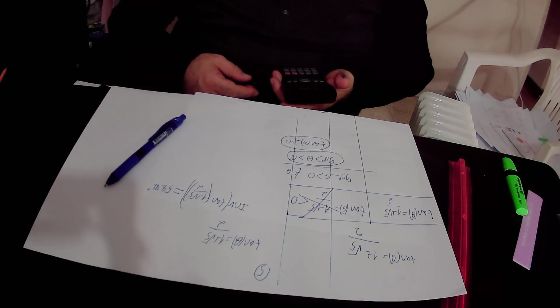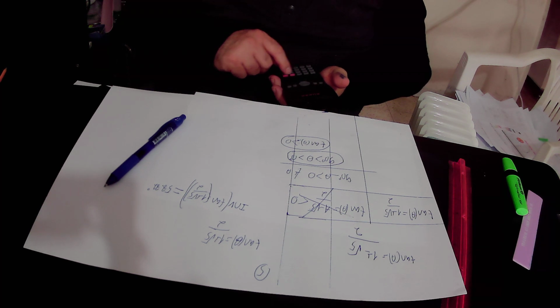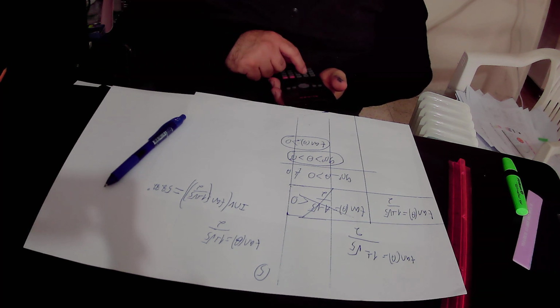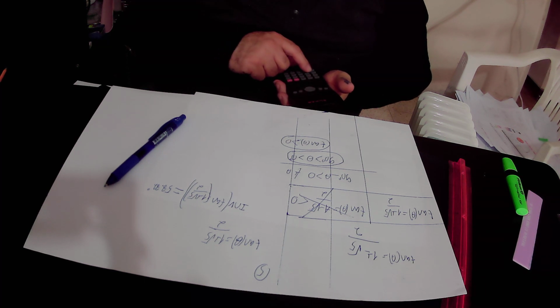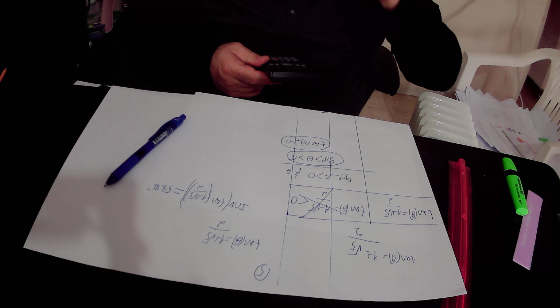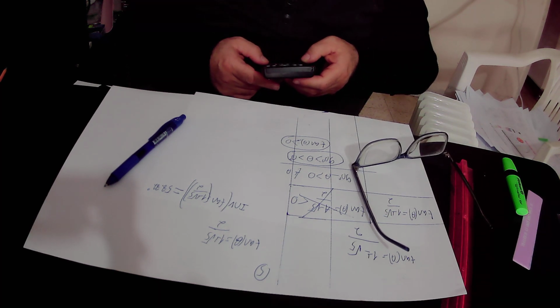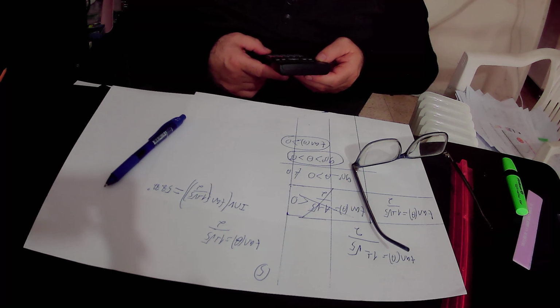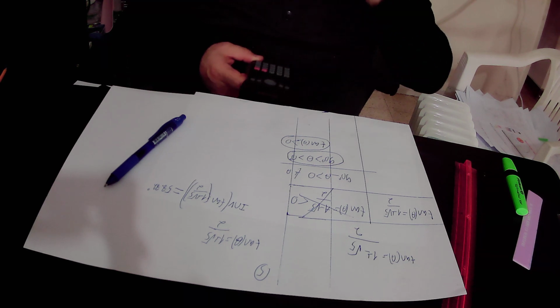So we have square root of 5 plus 1 over 2, and the inverse function of tangent is 58.28 degrees.